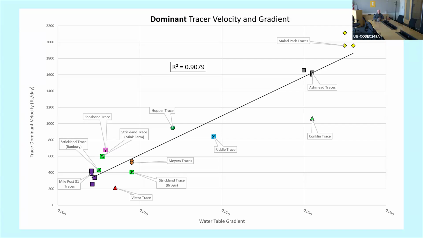So the Shoshone trace reports are on our website, and then all the traces down around the springs are on our website. And then this information was also presented at the groundwater conference 2 years ago. So there's a source for that. That would be on the first slide.